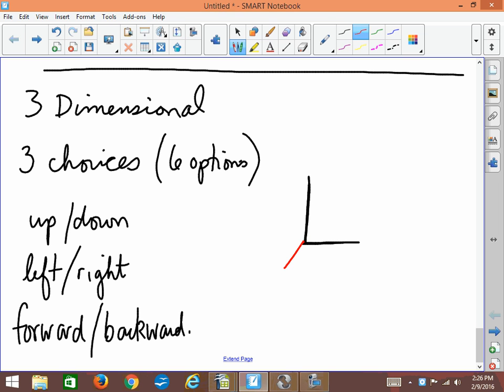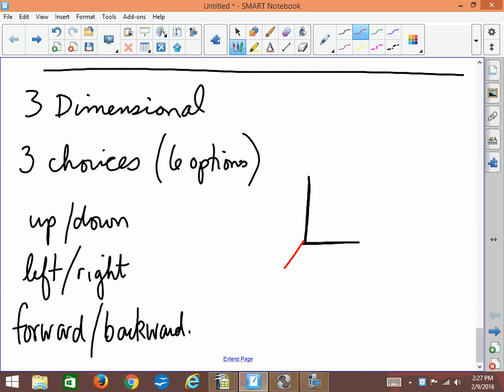We generally draw it like that on a bit of a slant, but if you focus on that, it's like the corner of a room, right? If this is the floor down below, and that's the wall, you see how these lines are all at right angles to each other. It's 3 lines, all at right angles, right? And this, of course, is the 3D reference frame.